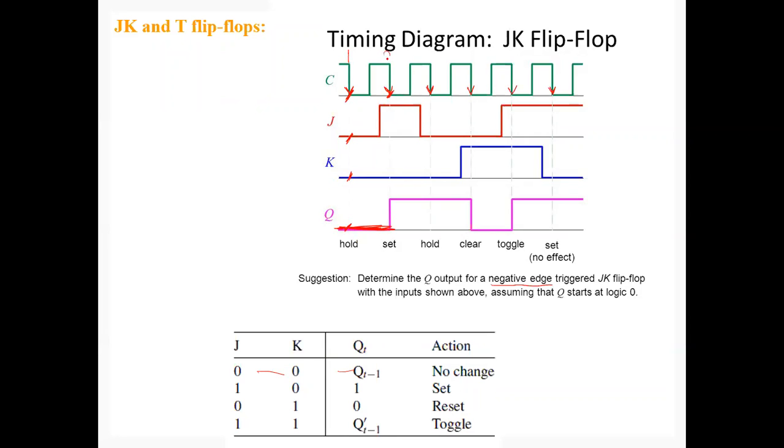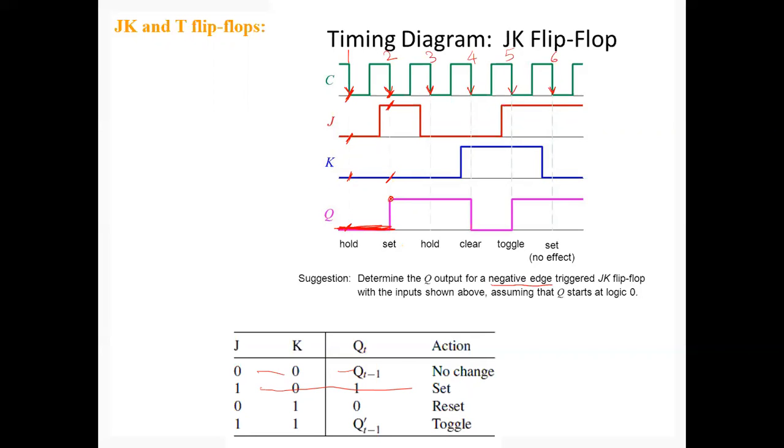This is number 1, 2, 3, 4, 5, 6. At point 2, J is 1 and K is 0. That's set. 1 and 0 is set, meaning you get 1. So that's why we have 1 here.